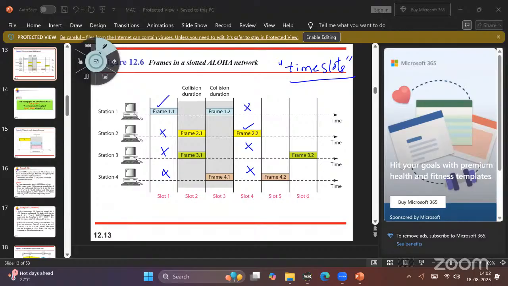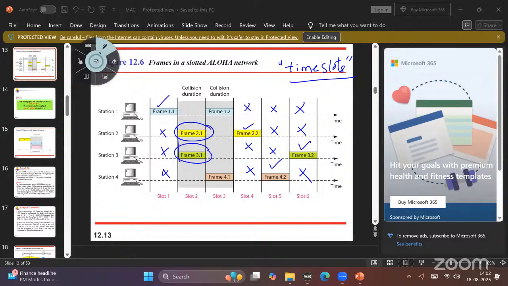Here no one transmitted, only this one transmitted. But if you check here, this will be transmitted and this will be transmitted.